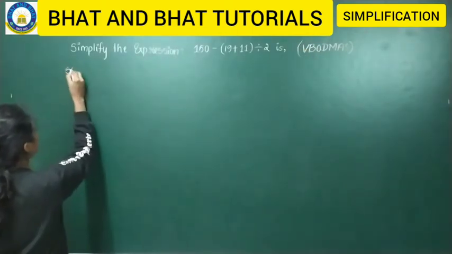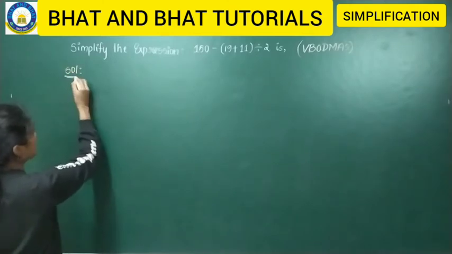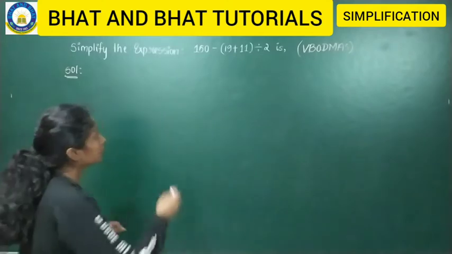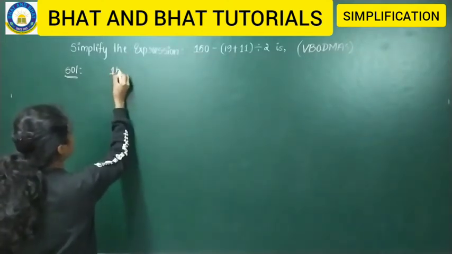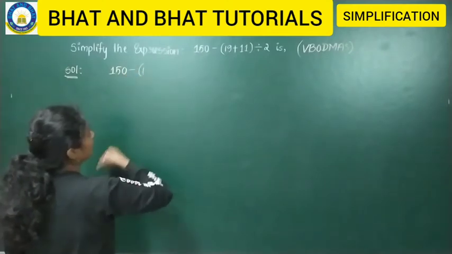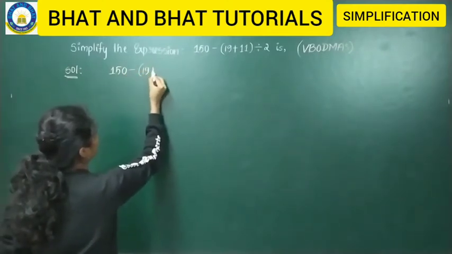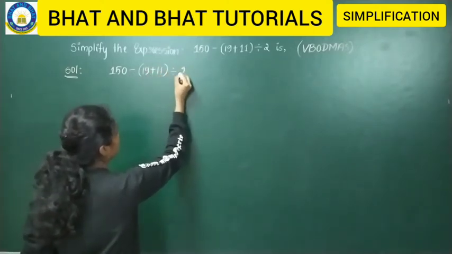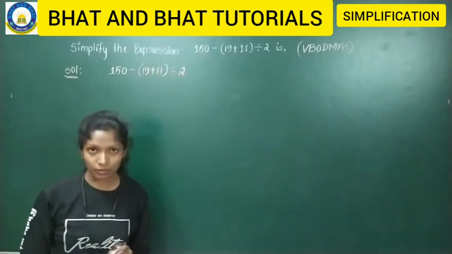So let us move on to the solution now. In the solution, again I'll be rewriting the question: 150 minus, 19 plus 11, close the bracket, divided by 2. So this is your equation.